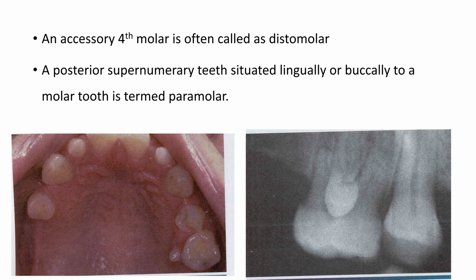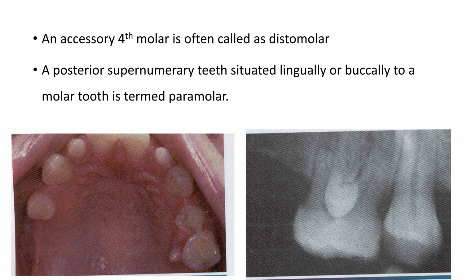An accessory fourth molar is often called a distomolar or distodens. A posterior supernumerary tooth situated lingually or buccally to a molar tooth is termed a paramolar. In the picture you see a rudimentary tooth situated palatal to a maxillary molar in a patient who also exhibits hypodontia.